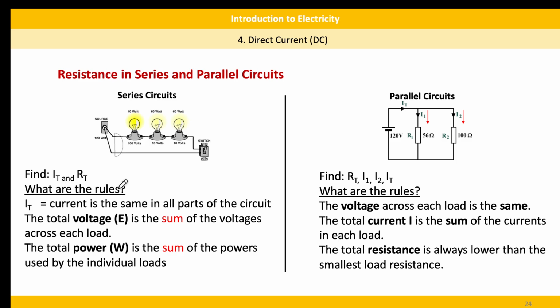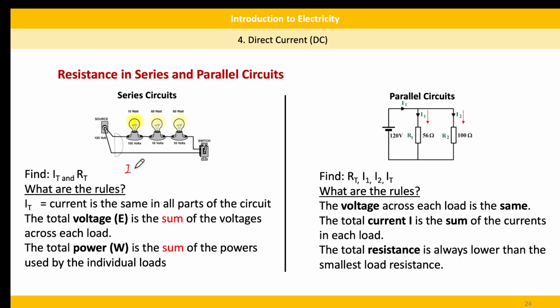So what are the rules? This is series, right? Current is the same for all parts. Voltage is the sum of the voltages, power is the sum of the powers. So let's find IT and RT.